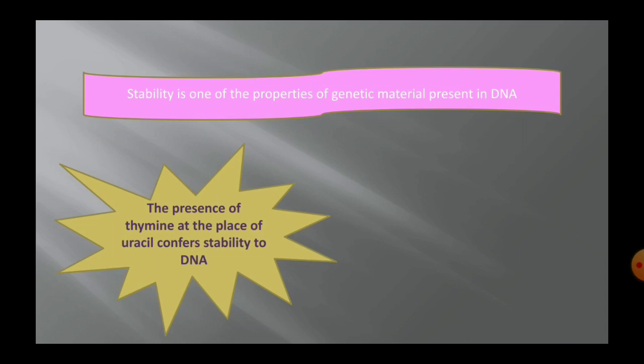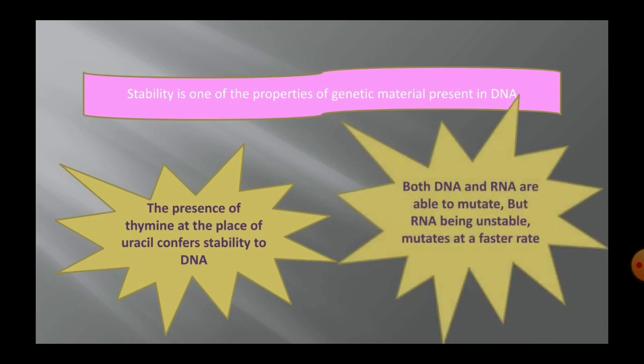You already know that the nitrogen bases of DNA are adenine, guanine, cytosine and thymine, and the nitrogen bases in case of RNA are adenine, guanine, cytosine and uracil. So in DNA thymine is present; in RNA, instead of thymine, uracil is present. So thymine confers stability to the DNA, the first reason.